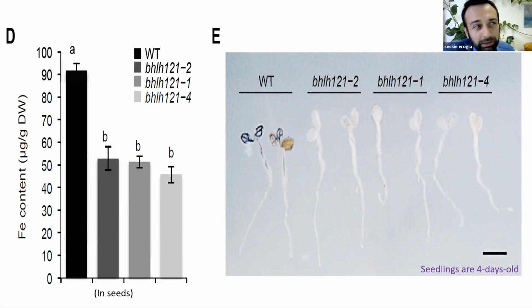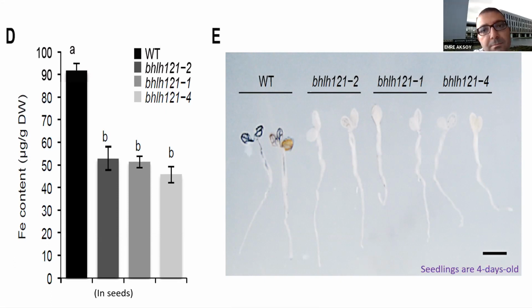These field crops give different responses. Some of them, under iron deficiency, still have the same level of iron in the seeds, but some have less. In your case it was less, but it's a debate why some plants have less.